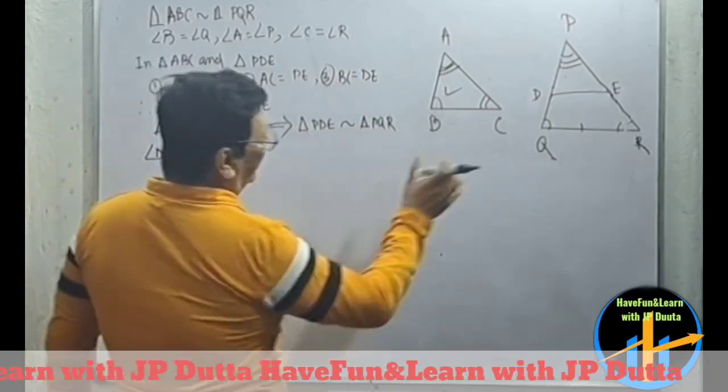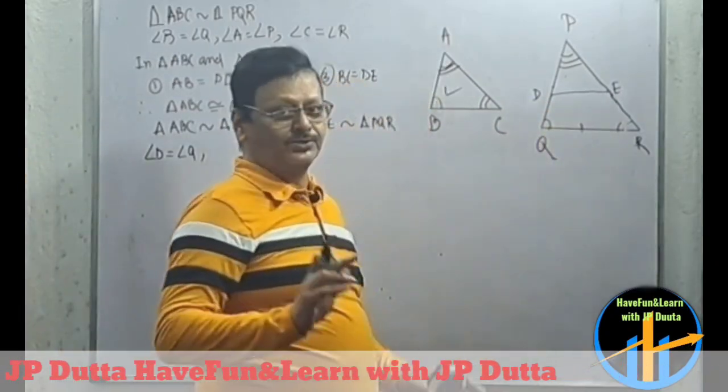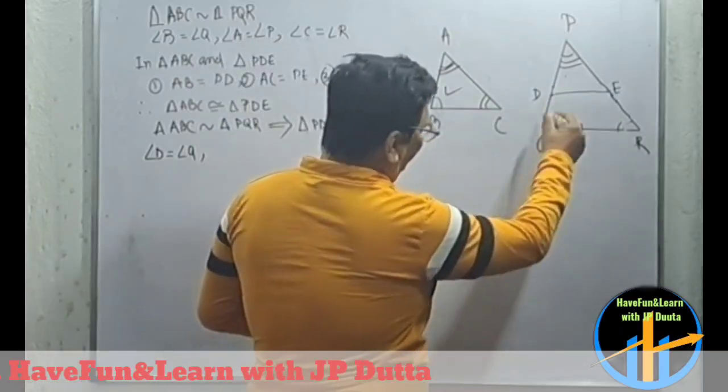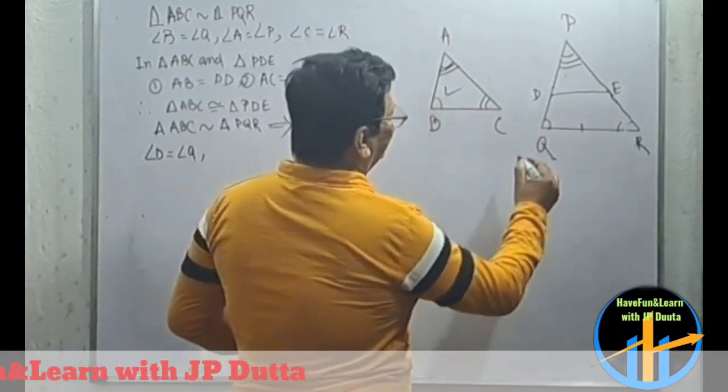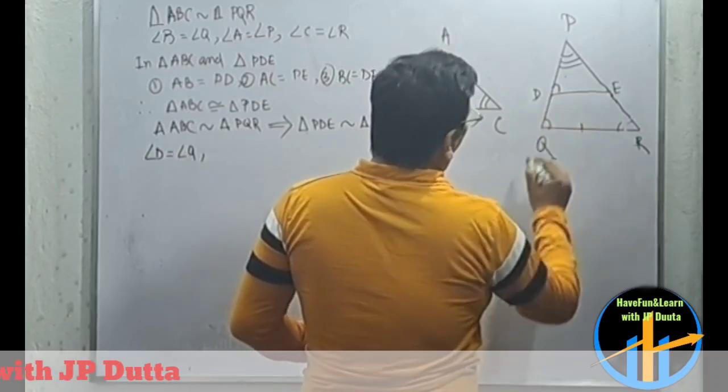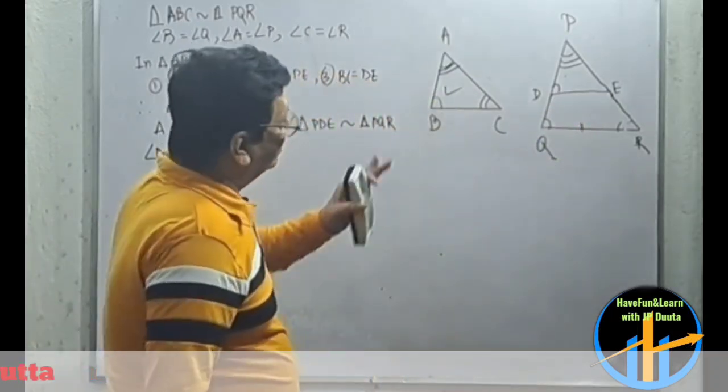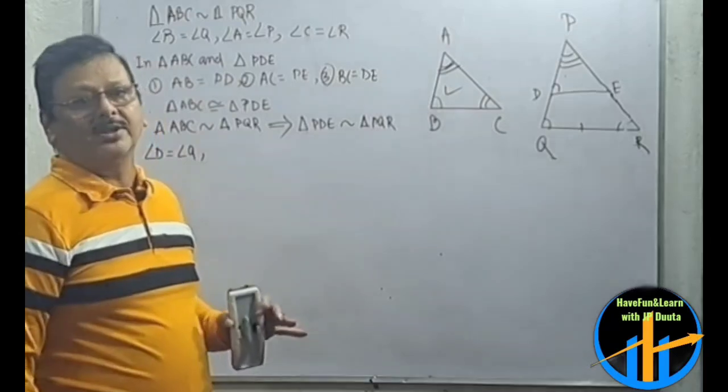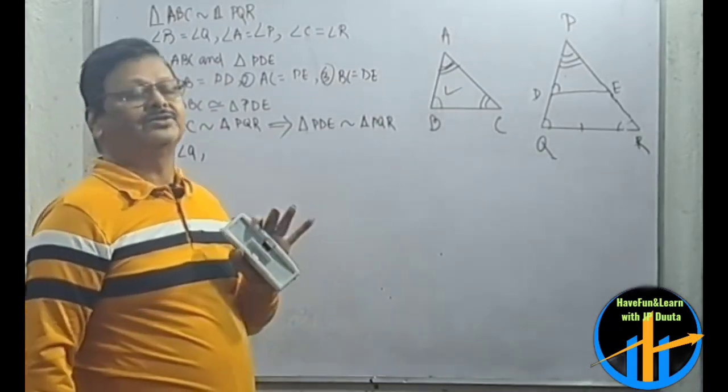Now see, if you take DE and QR as two line segments and DQ as a transversal, these two angles are equal. So if these two angles are equal, they are corresponding angles. Therefore, the condition of parallelity is satisfied.